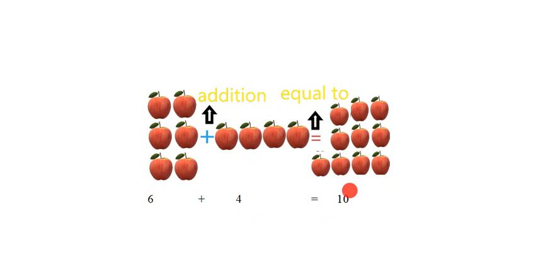Let's count them. 1, 2, 3, 4, 5, 6, 7, 8, 9, 10. These are 10 apples in total. We can see that 6 plus 4 equals 10.